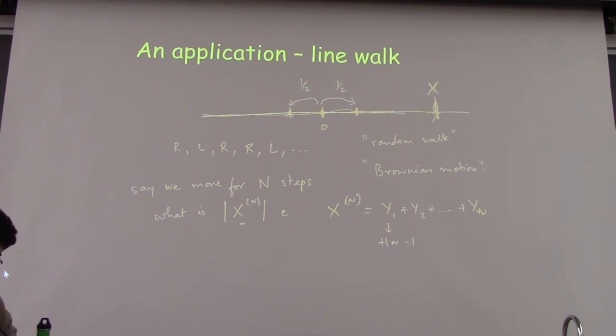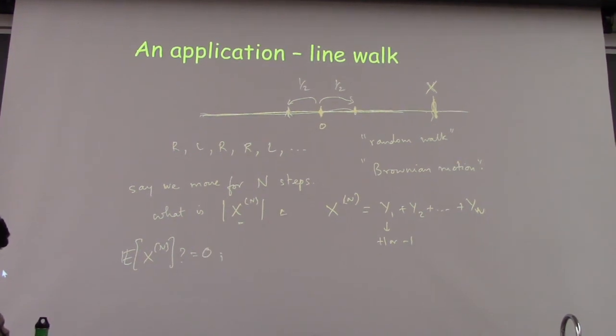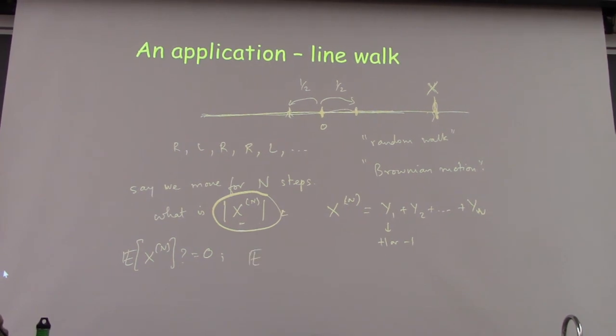And once you have this, now you can do all kinds of things. So what is the expected value of xn? It's 0, because each yi is plus 1 with probability half and minus 1 with probability half, so each yi has expectation 0. What we are asking here is something like, what is the expected value of the absolute value of xn? For that we know how to analyze it.